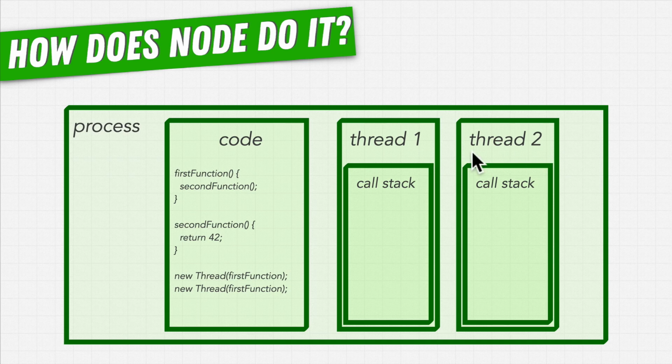This sounds great, but traditionally, for your application to have threads and to take advantage of everything we've talked about in this video, the programming language that your code was written in needed to support multi-threaded programming and the creation of new threads. But the reality is that things aren't as simple as they look here.